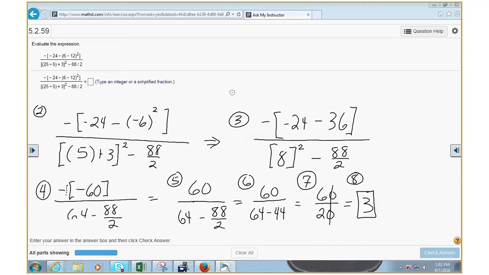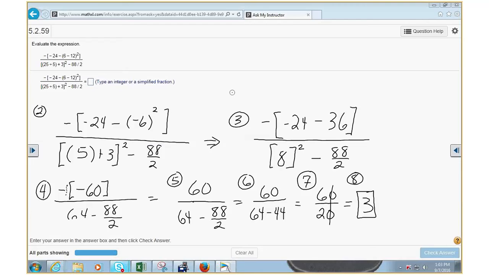Those are the people that miss it. And unless you're Rain Man, you're not going to be able to do that in one step. So don't try. Do it step by step. You may get by with 3 steps or 5 or 6 steps. But the more steps you have, the more safe your answer is going to be. Okay?